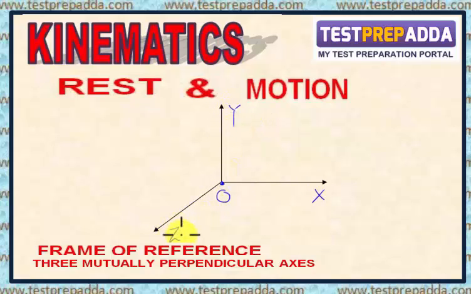And this is the z-axis. Origin is the point where these axes meet, and all measurements start from this origin. The coordinates x, y, z of any object tell us the position of the object with respect to this origin.